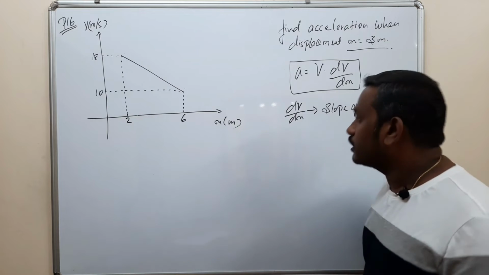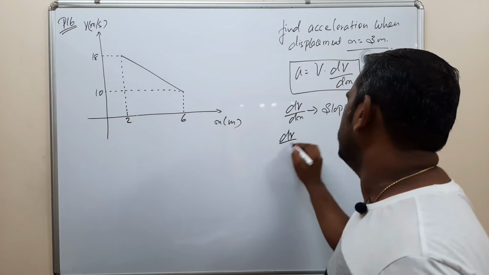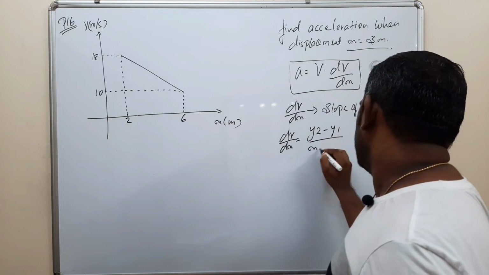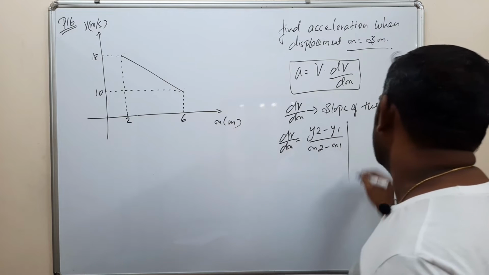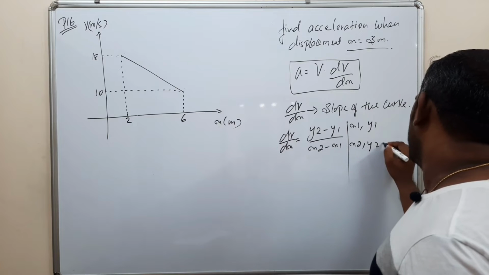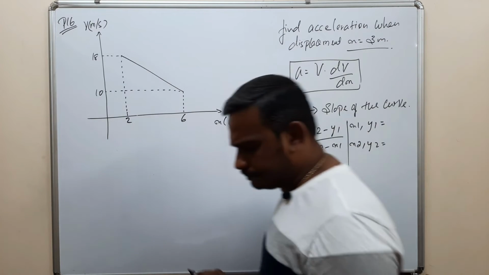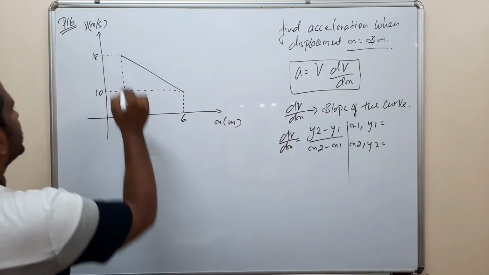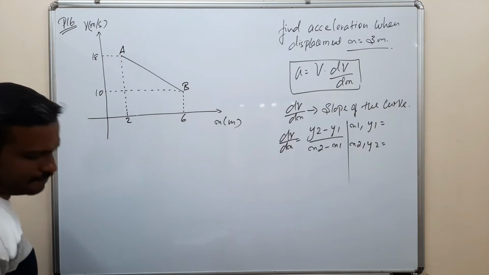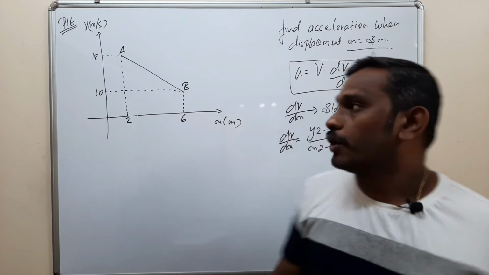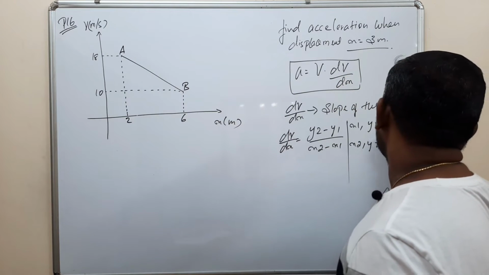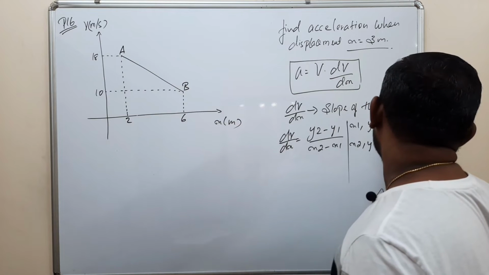Slope of the curve means dv by dx is equal to (y2 minus y1) divided by (x2 minus x1), with points (x1, y1) and (x2, y2). So I am taking this point as A and this as B. For A, x1 is 2 and y1 is 18.